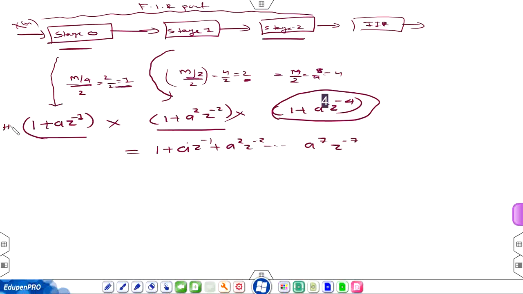Okay, so this is the transfer function H(z), and this has a transfer function of 1 upon 1 minus a raised to power 8 z raised to power minus 8.